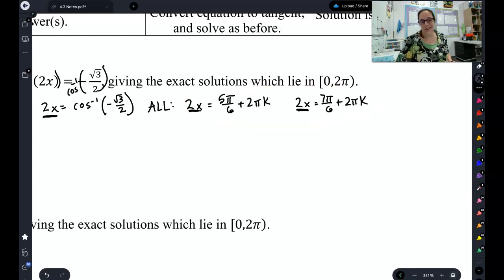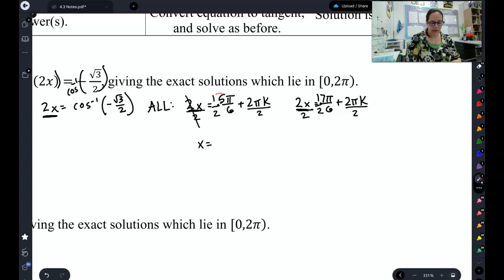However, notice x is not by itself yet. So let's divide everything by 2. Or we can multiply by 1/2. That is the exact same thing as dividing by 2. So those 2's go away. I get x equals, multiply this together, should give me 5 pi 12ths plus, those 2's cancel, pi k.